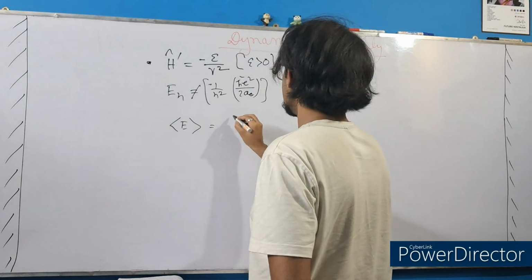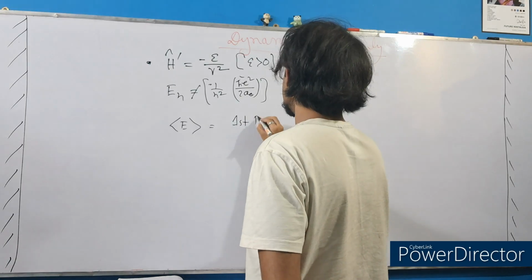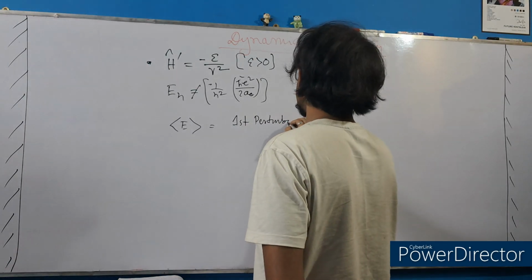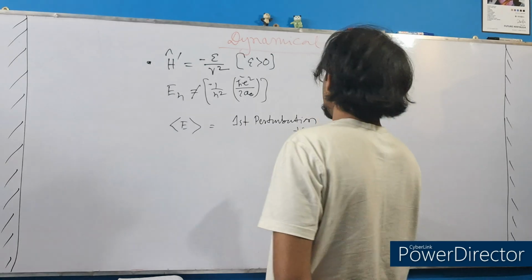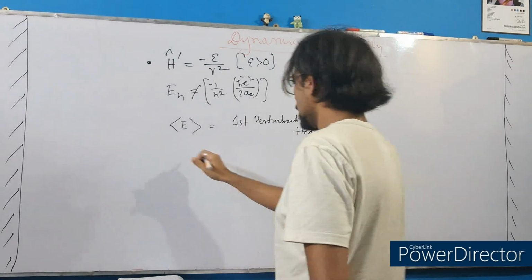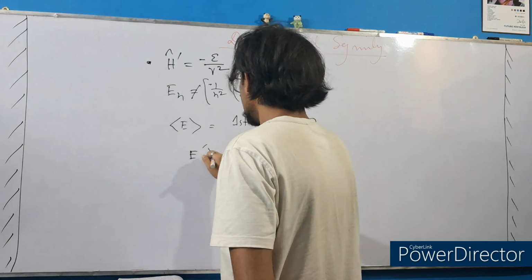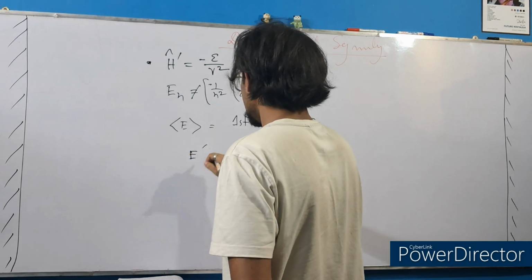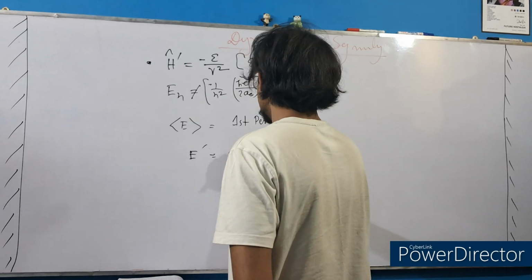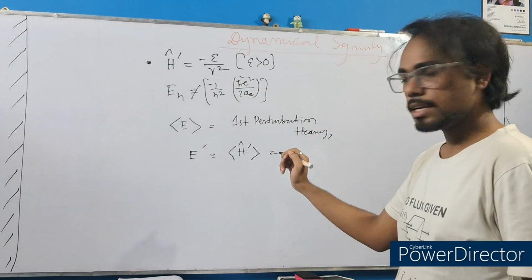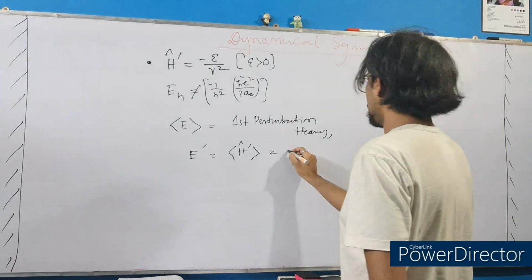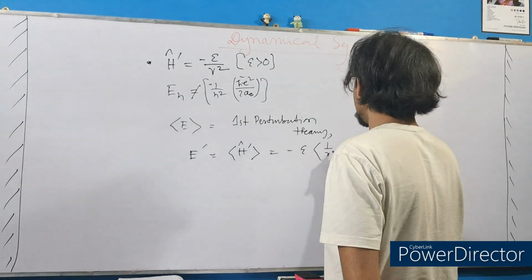And when I use first order perturbation theory, I will calculate E prime, which is basically the average of the perturbed Hamiltonian, which represents minus epsilon times the average of 1 by r squared.